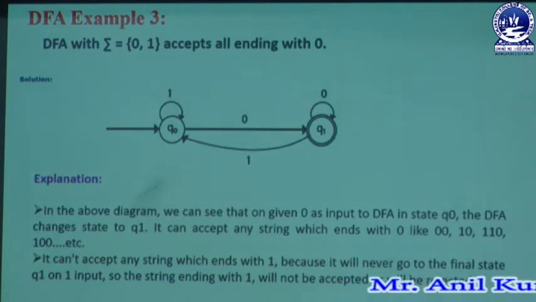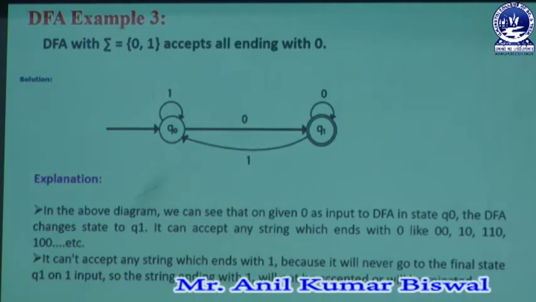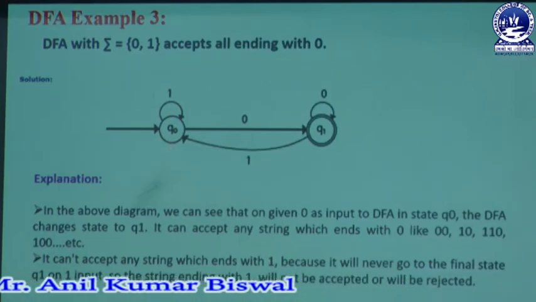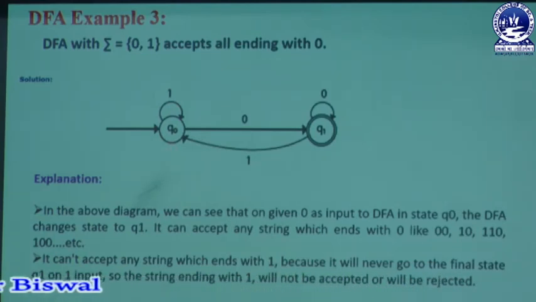Whenever the user puts 1, we know that we are going to Q0. That means we have two input symbols 0 and 1 and we have two states Q0 and Q1. From this transition table we can denote the different structures of that table, but here we can only create two states, Q0 and Q1.